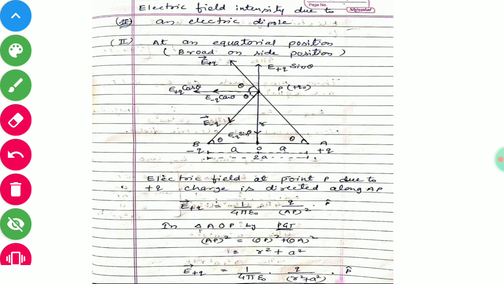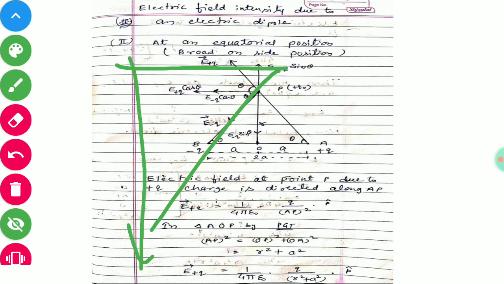Now in the same way we can resolve the E minus Q. See, here is a theta, then this one is also theta because of alternate interior angles. Now E minus Q along this direction, here is an angle theta.